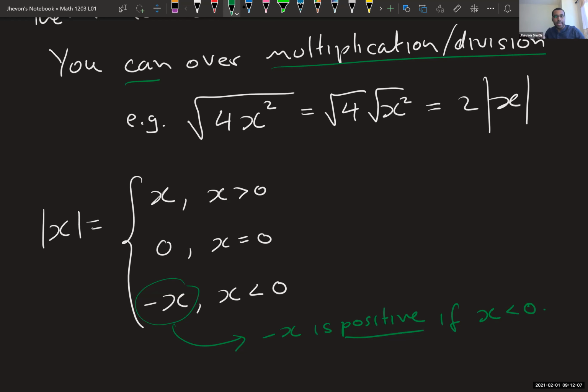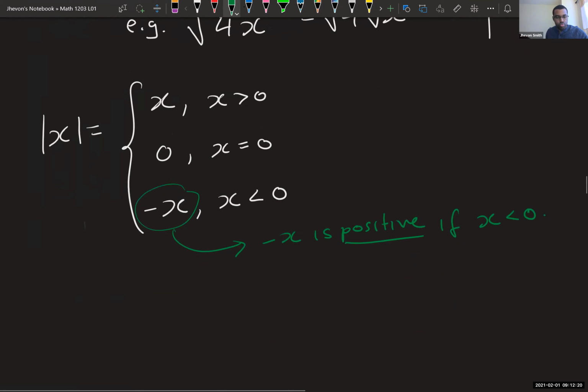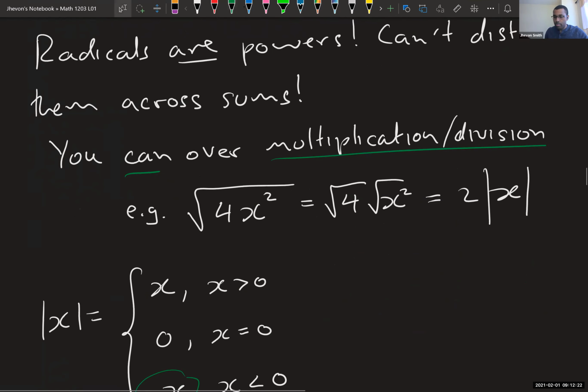So when you write the plus or minus, that's actually a different thing. Saying plus or minus 2x is not the same as saying 2 times the absolute value of x. They're not the same. So that's something you can remember.